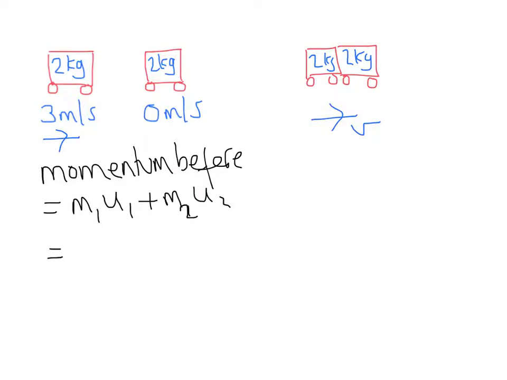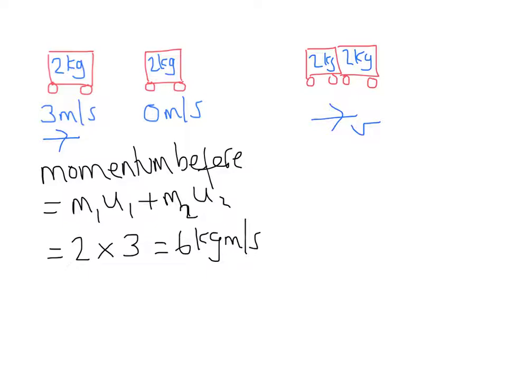Luckily, the velocity of the second car is 0, so its mass times velocity is also 0. So our momentum is 2 times 3, which is 6, and I'm not going to forget my units. It's kilograms meters per second. So that's our momentum before.